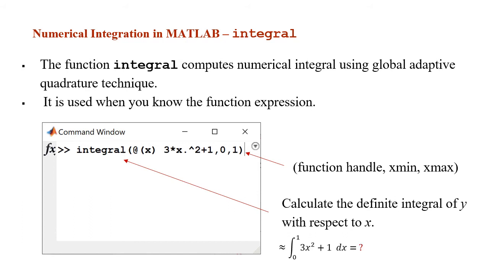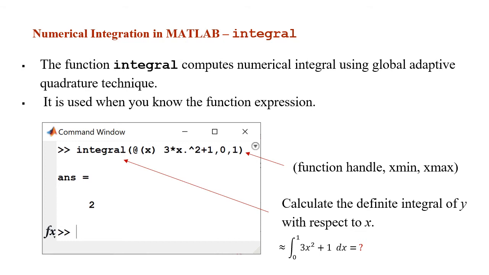Or if you express it as a mathematical expression, it is the integration of 3x squared plus 1 with respect to x from 0 until 1. If you hit enter, the result will be 2, which is equivalent to what we obtained earlier. But remember, even though here you're providing the expression itself as an input, the integral function in MATLAB applies numerical techniques to calculate the integral.